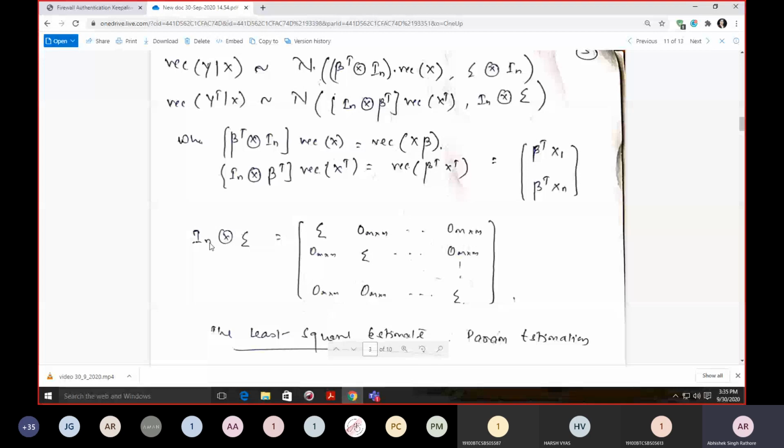If this is n, it contains an n cross n matrix, or if it is m, it contains an m cross n matrix, an m cross m matrix, and so on. This is how we'll get the different values. So this matrix is supposed to be very large.